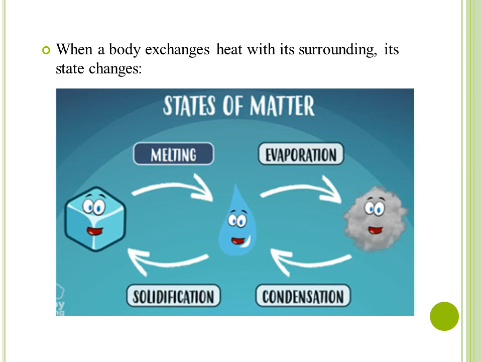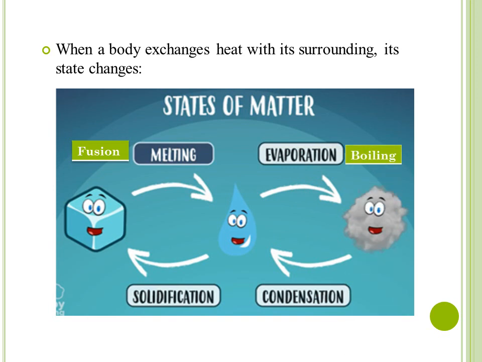As you have seen, the change in state from the solid form to the liquid form is called melting. This is also known as fusion. So, melting or fusion is the change in state from solid to liquid. However, the change from liquid to gas is known as evaporation or as boiling.